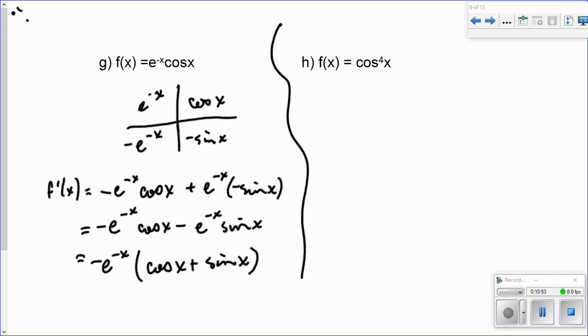Okay, next one here. Something you may know and need to know about trig functions raised to a power. This is actually cos x raised to the power of 4. That's the proper way to write that. With trig, they just embed the 4, the index of the exponent, in between the trig function and the variable itself.